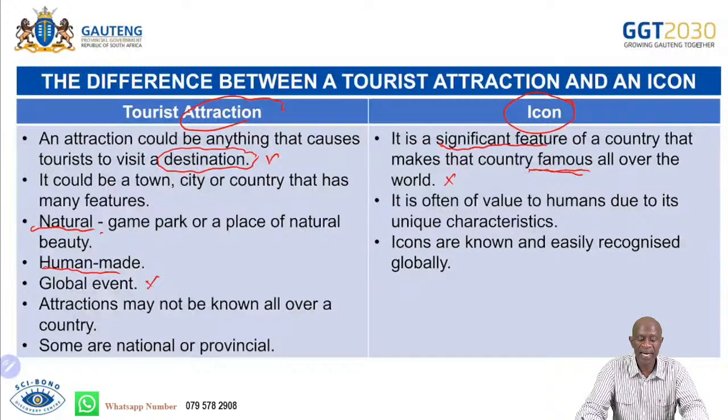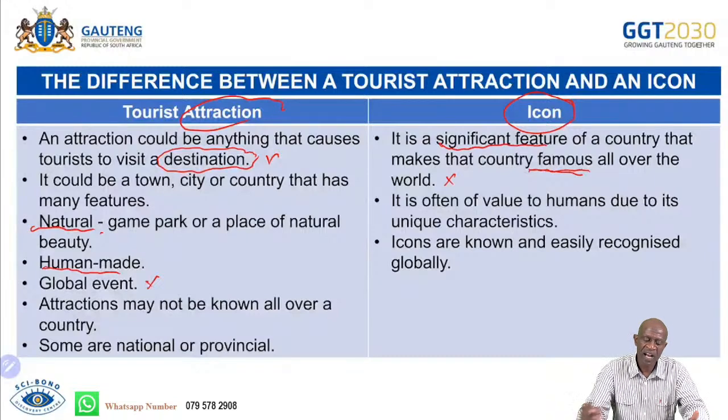Some are national, and some are provincial. Here we are referring to attractions. Some attractions are of national importance, whereas some of them are just mere provincial attractions. So it depends on how well known an attraction is.